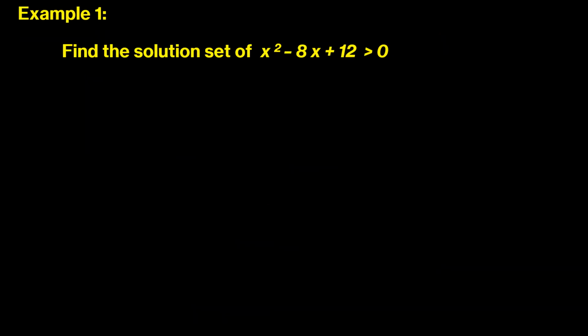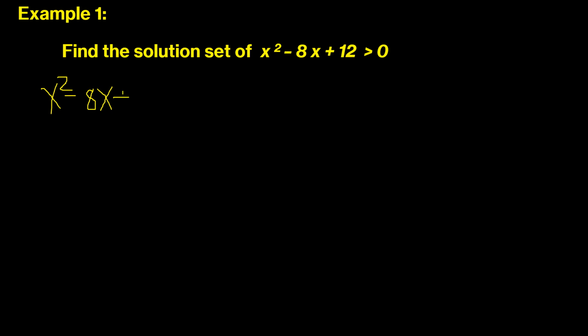Okay, for example, find the solution set of x squared minus 8x plus 12 is greater than 0. So we have to use the corresponding quadratic equation of this inequality first.